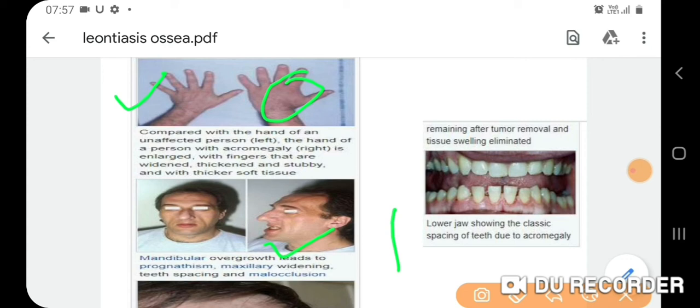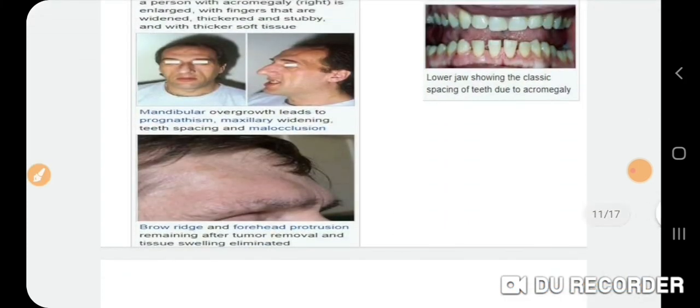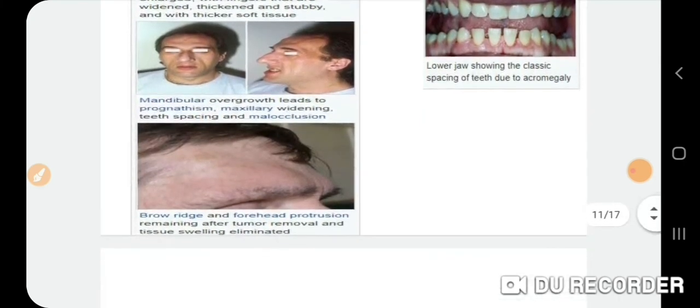Maxillary widening, teeth spacing and malocclusion are classic features of acromegaly. There is also brow ridge and forehead protrusion remaining after tumor removal and tissue swelling elimination.